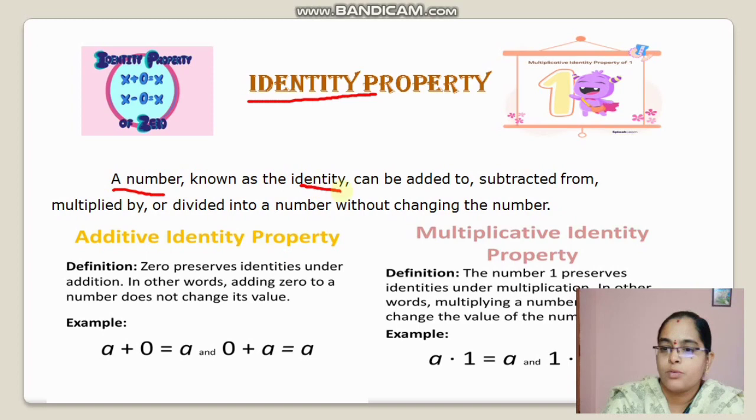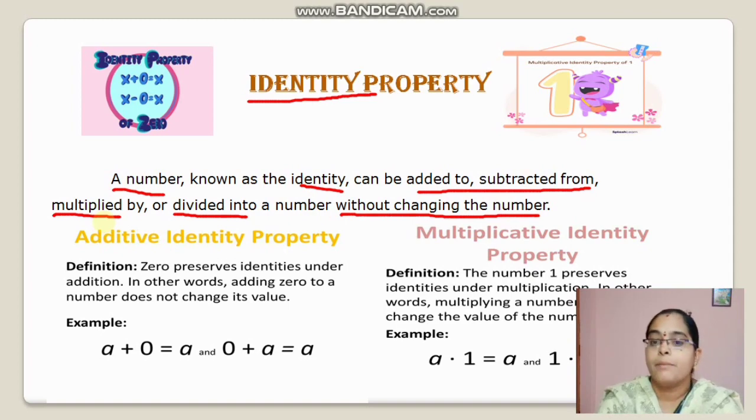A number known as identity can be added to, subtracted from, multiplied by, or divided into a number without changing the number. Simply, if we add any number to another number, the resultant must be the previous number only. Suppose I am adding 5 to another number, the answer must be 5.